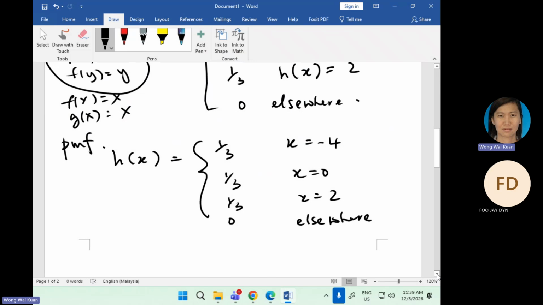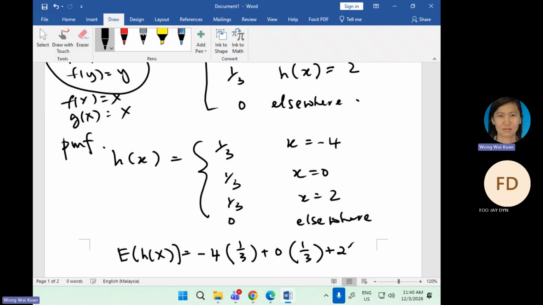Okay, so now, what about E of h(x)? Anyway, I need to go back and think about this again, how to get a better way of writing. So this is -4 times 1 over 3, plus 0 times 1 over 3, and 2 times 1 over 3.